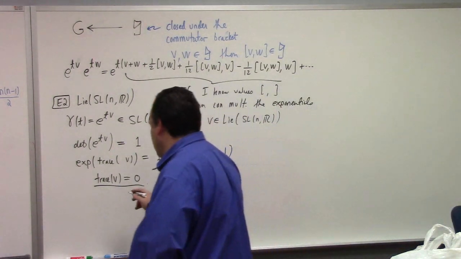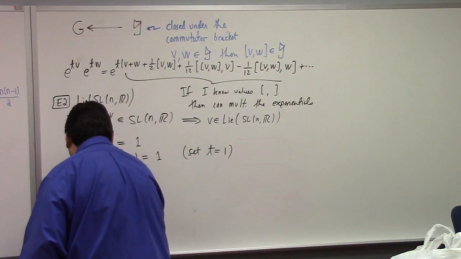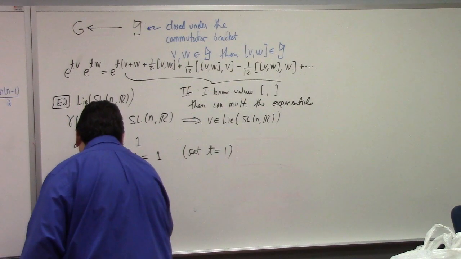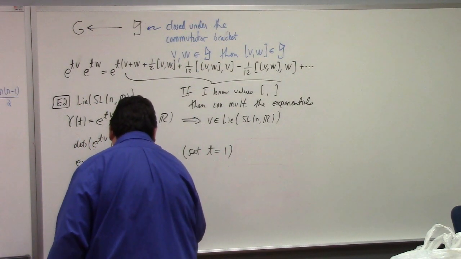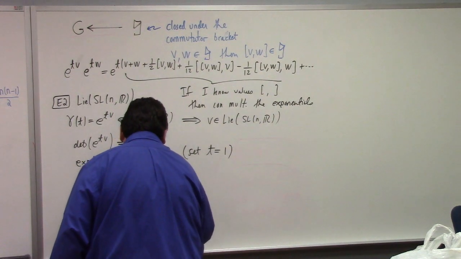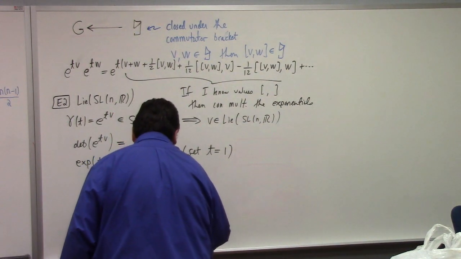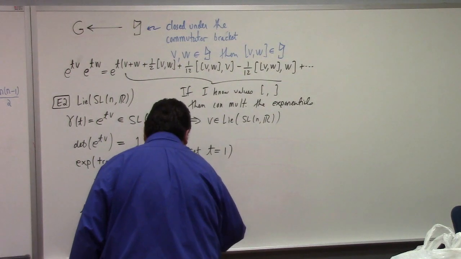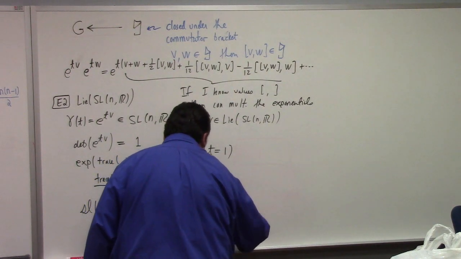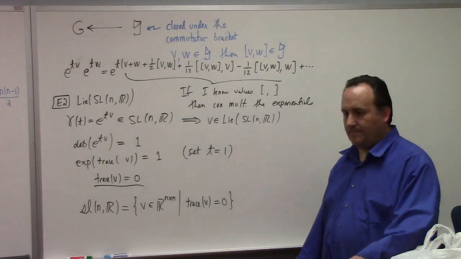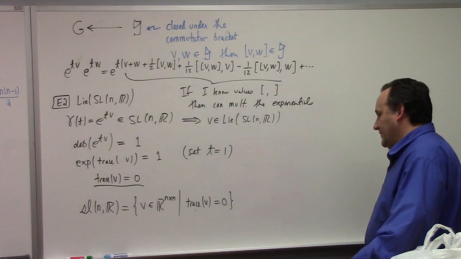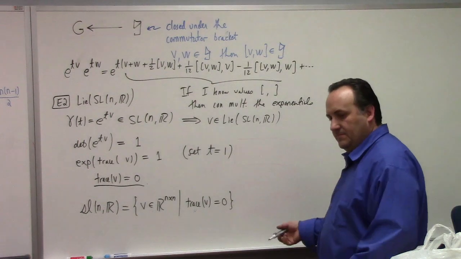And this is why we define sl_n(R) to be equal to, let's say, v in R^(n by n) such that the trace of v is equal to 0. And this is the special linear algebra.